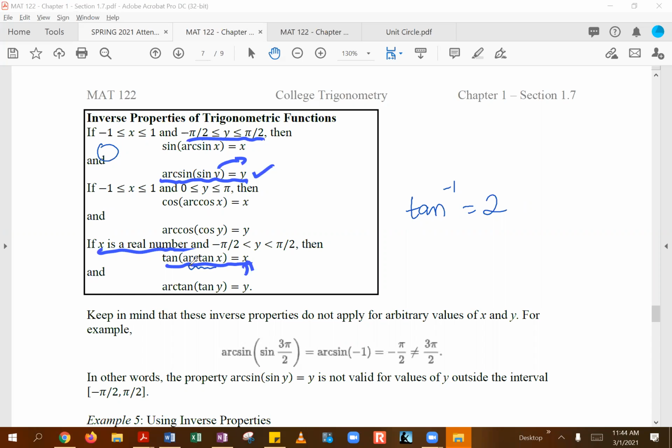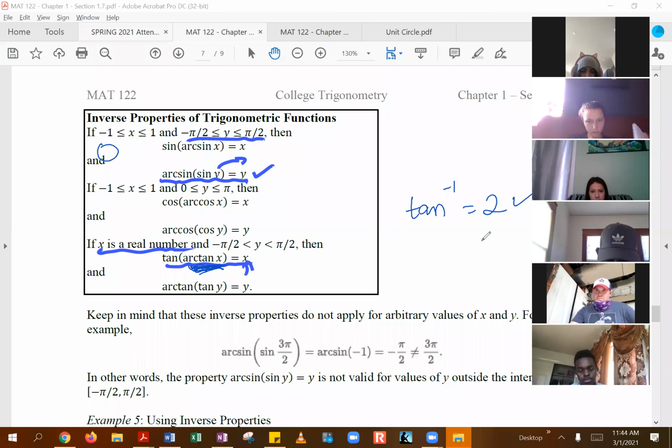So that's this guy over here, arctangent of 2. Is that going to be within our defined domain for the function? The value of 2?